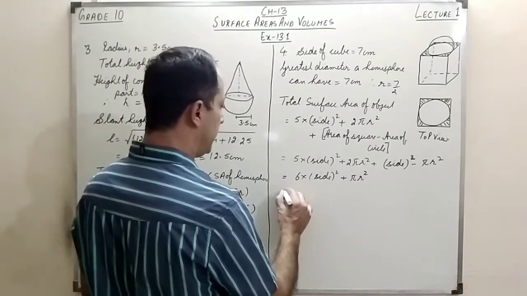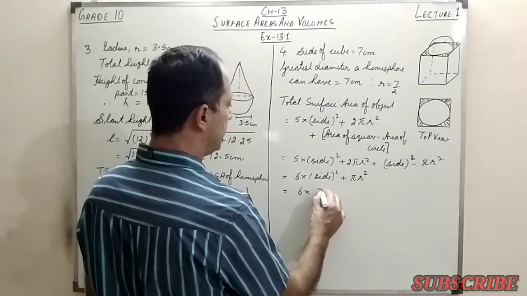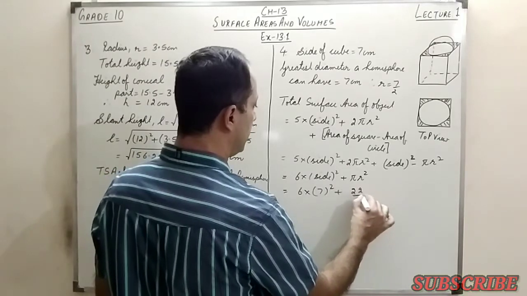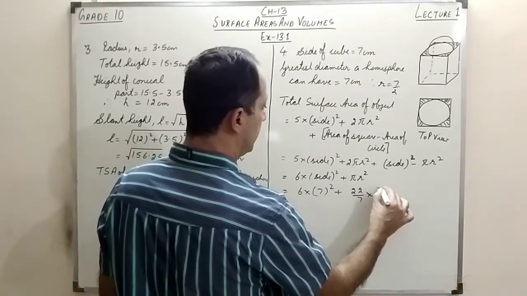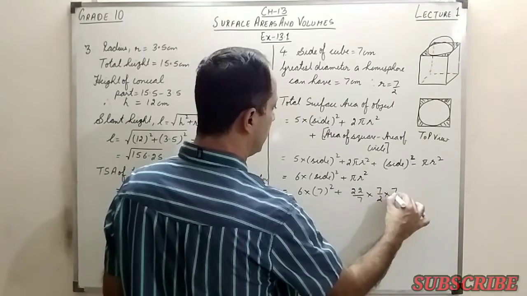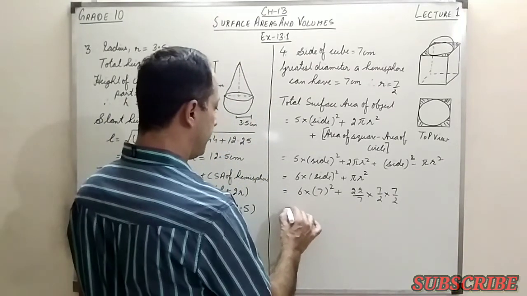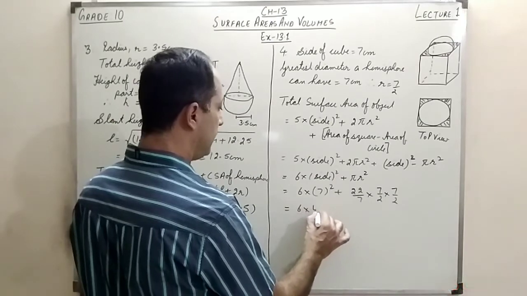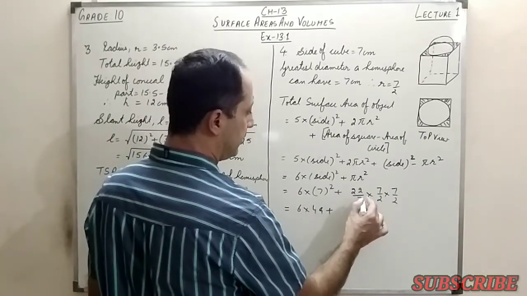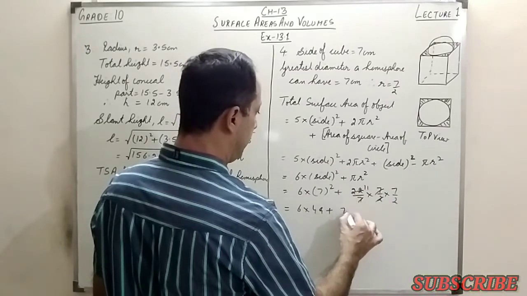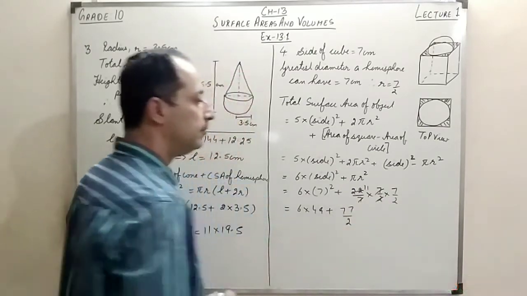We just substitute the value. This is 6 times 7 square plus 22 upon 7 into 7 by 2 into 7 by 2. So this is 6 times 49, and then plus, this 7 cancels out, this cancels out, so we have 77 upon 2, right?